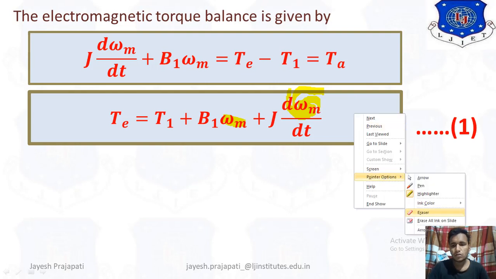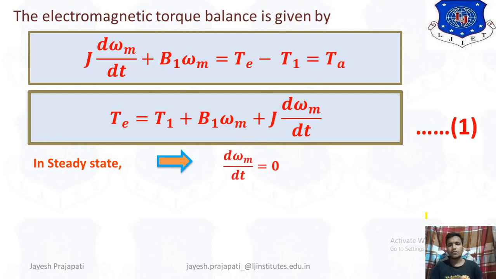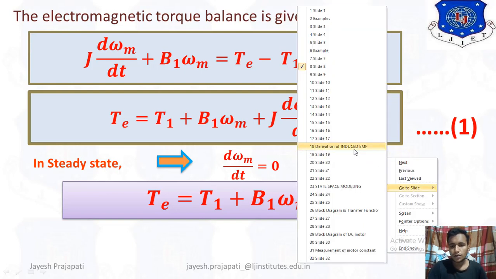In steady state condition, d omega m by dt is equal to 0. So if we modify equation number 1, it is like this: Te is equal to T1 plus B1 omega m. Now we have to substitute the values given in the description also.